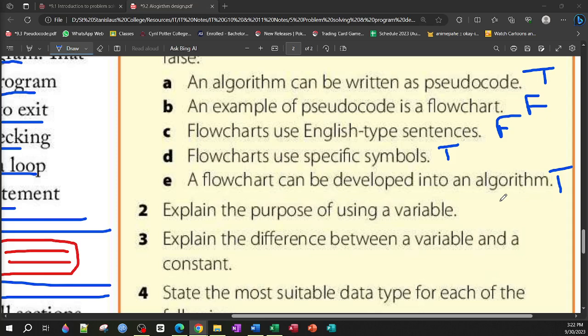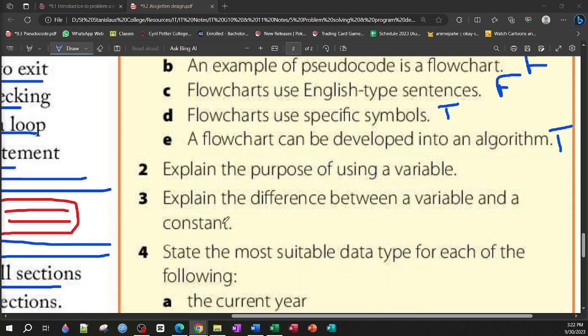Anybody else? A simple explanation. What's the purpose of a variable? As simple as possible. Store information. Right. It's to store information, to store data. That's simple. And as Africa said, the variable changes.